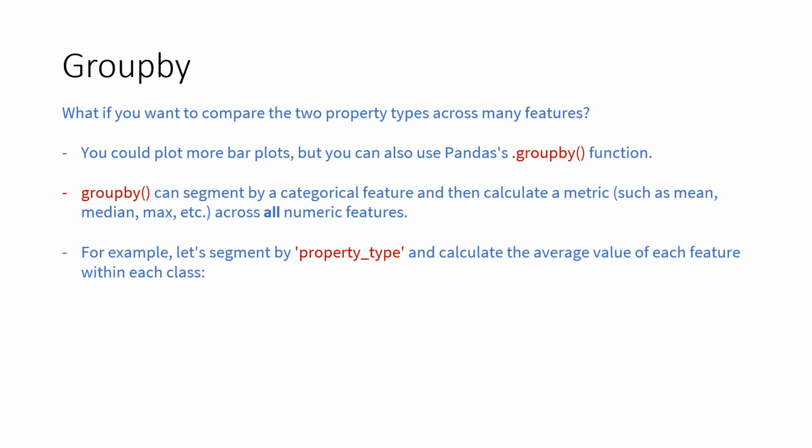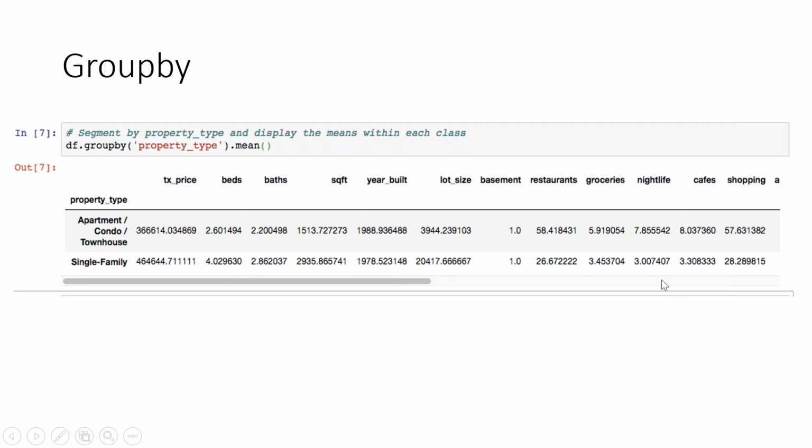So you may be interested to see some statistics of all the numeric features with respect to property type, how they vary in apartment type properties and how they vary in independent home type properties. You want to build a little more understanding and see any unusual things. That is what you are doing, exploring the data. This can be done very easily using the groupby function.